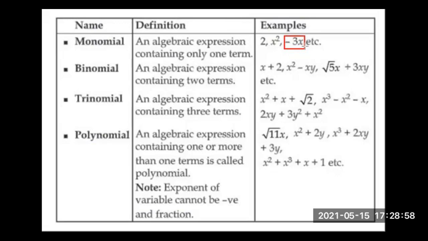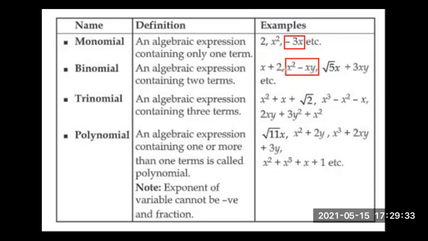Okay, so next we'll move to our binomial. We know that binomial means 2, any expression containing 2 terms. Here you see the example. The first example is x plus 2: one term is x and the second term is 2. Again I am repeating, here we have 2 terms. Next, the second example is x square minus xy.